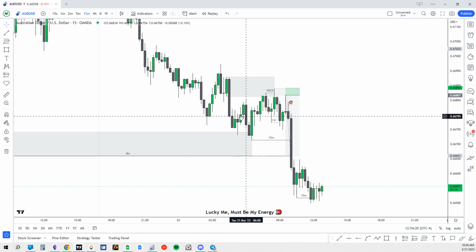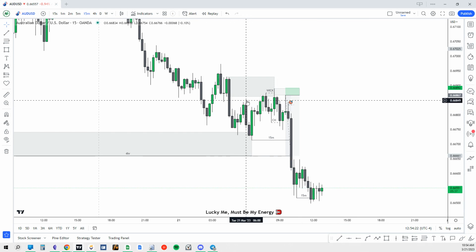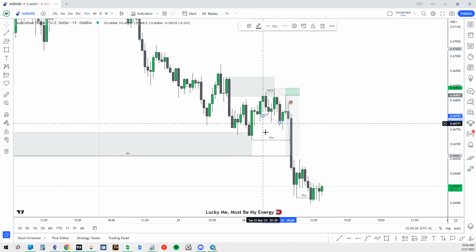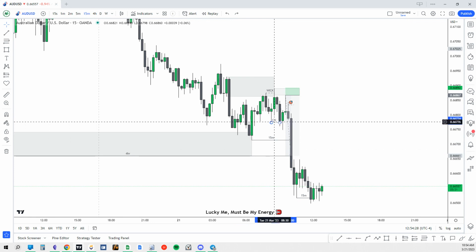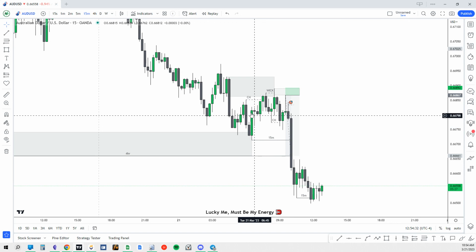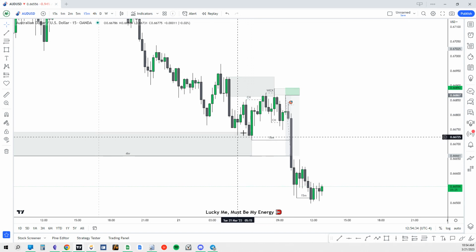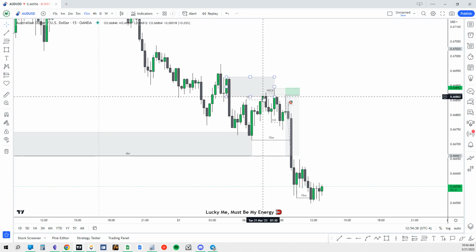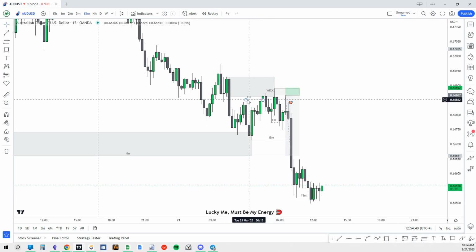And so to back up a little bit, talking about the change of characters, when this change of character happened right here, I knew that this had to happen just because of the way that price action plays out.